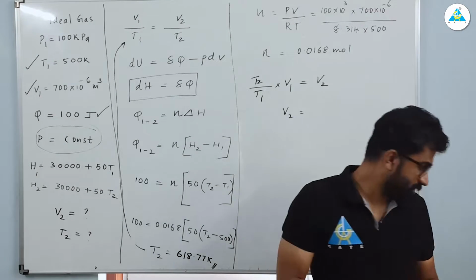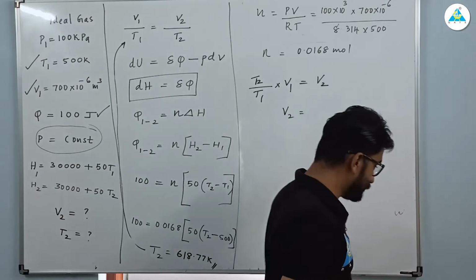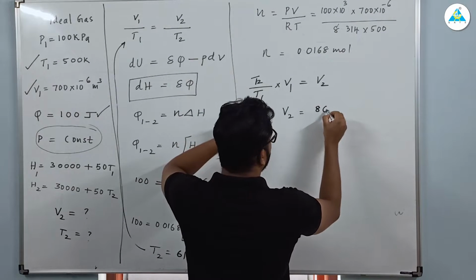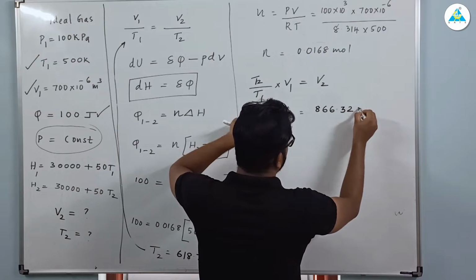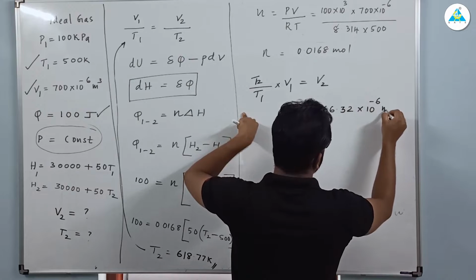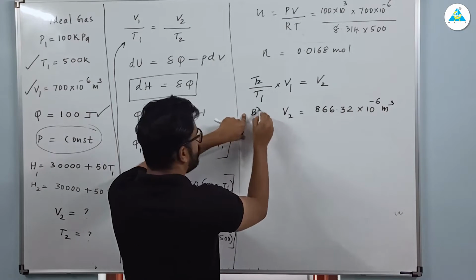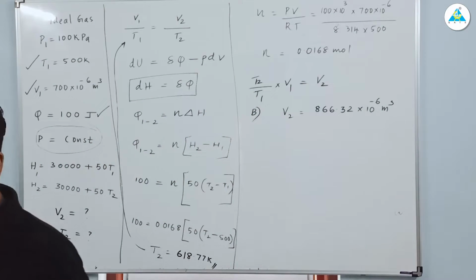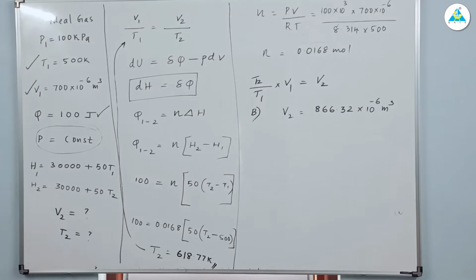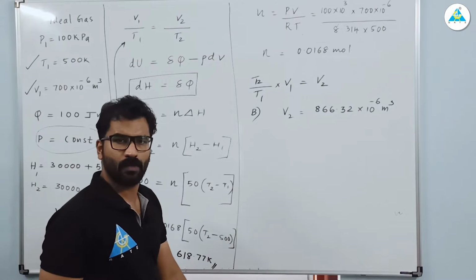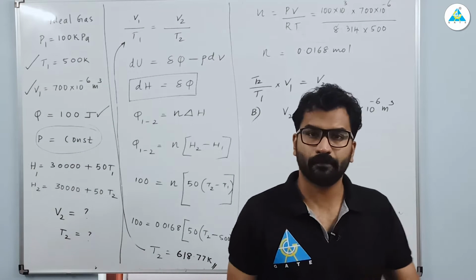V2 will come as 866.32 into 10 power minus 6 meter cube, option D. I hope all of you are getting the answer. Clear? Up to this is fine. I hope all of you are getting it right.